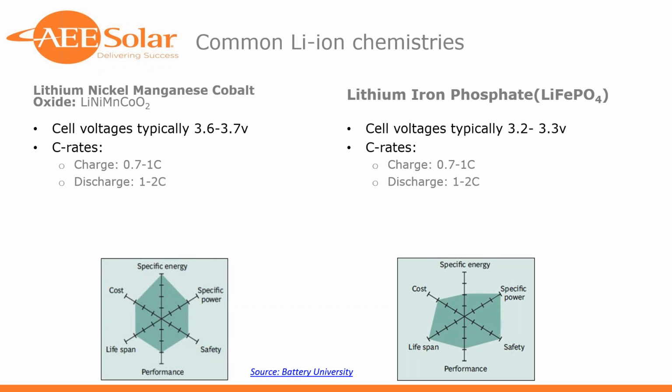On the left, I'm going to try not to butcher this pronunciation, lithium, nickel, manganese, cobalt oxide. And you see there the chemical formula. On the right, lithium iron phosphate. So the products that we typically see on the left are going to be, of course, the Tesla Powerwall products and the LG Chem lineups.